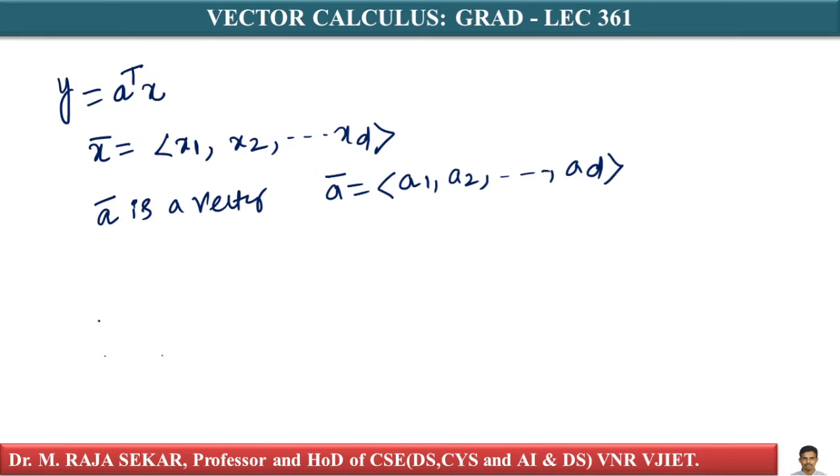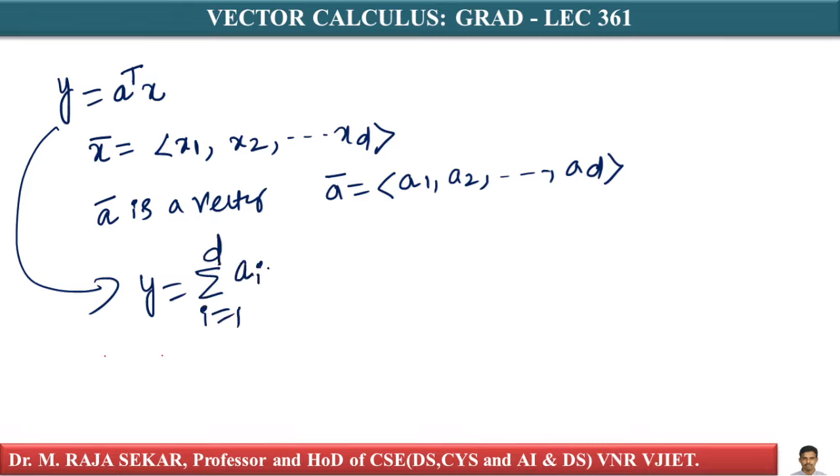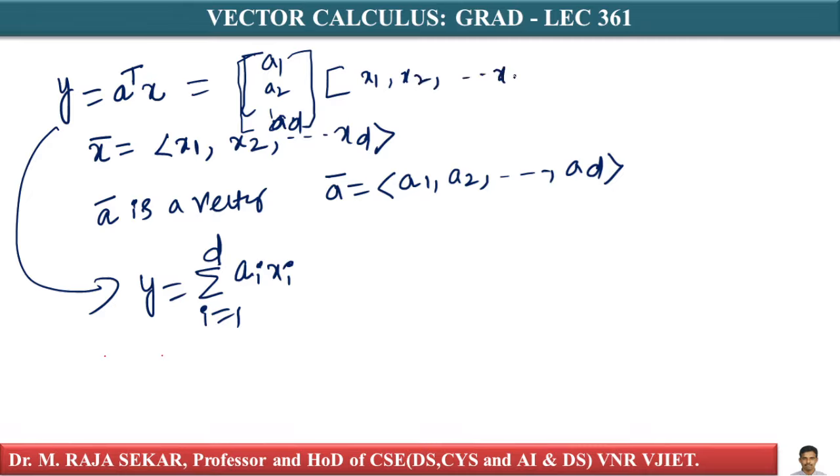And what does it mean? What is the meaning of y equals A transpose x? It means y equals summation, sigma i equals 1 to d, of Ai xi. A transpose is the vector A1, A2, and so on, AD, multiplied by x, that is x1, x2, and so on, xD.